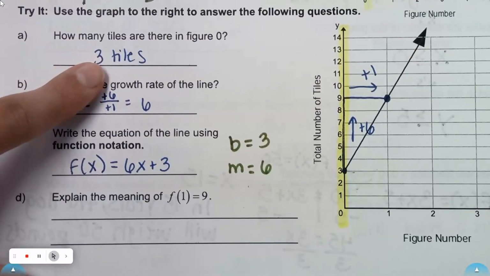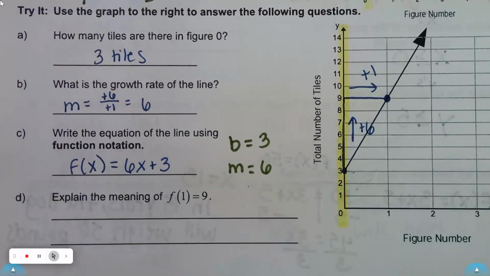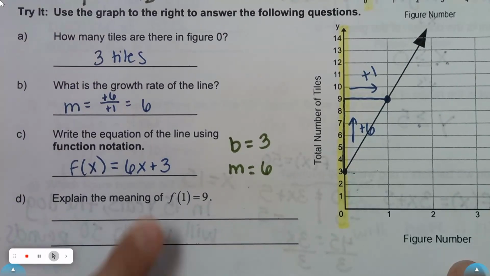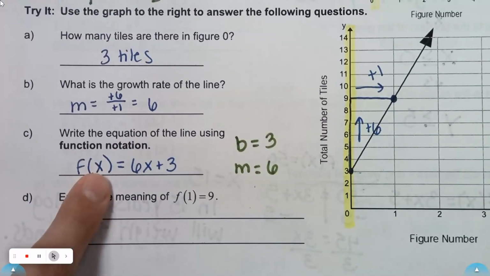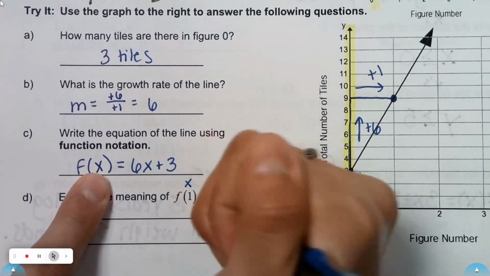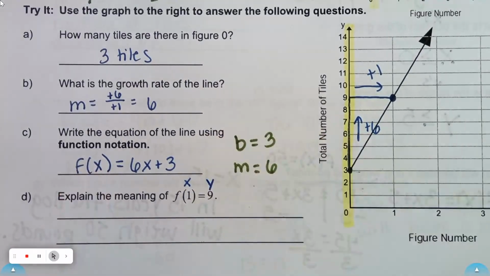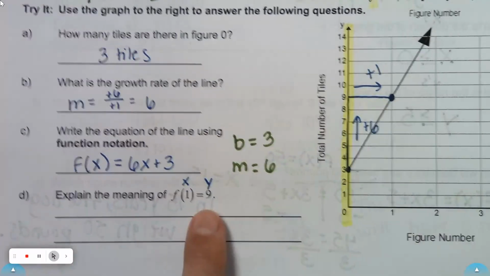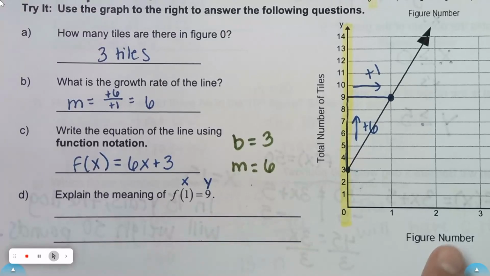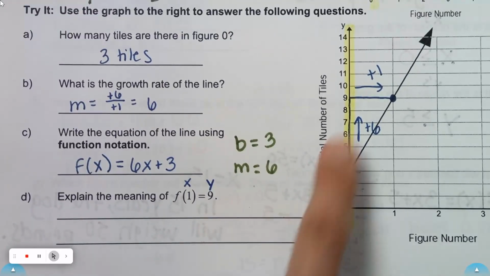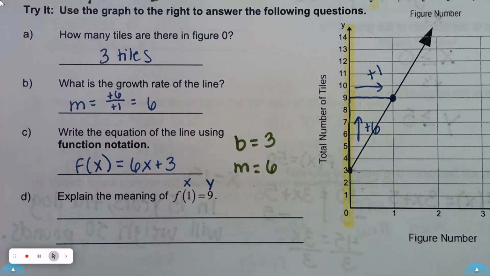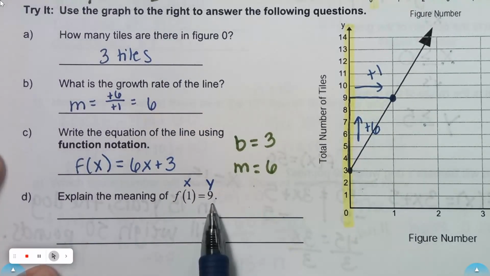Okay, and then part D, very similar to the one that we did on the previous page. So you see how the x is in the parentheses? That means the 1 is the x and the 9 is the y. X is my figure number, right? Because that's my x-axis. Y is the number of tiles. So this is saying at figure number 1, there are 9 tiles.